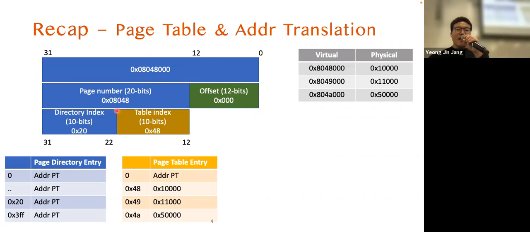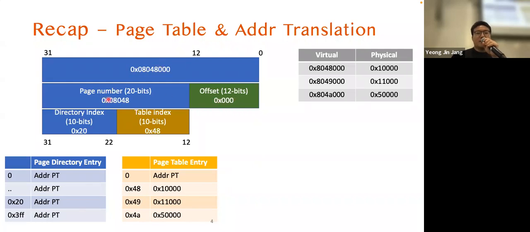Then we cut the page number in half: 10 bits for indexing the page directory and 10 bits for indexing the page table. That means we can cut off the last 3 digits of zeros here.